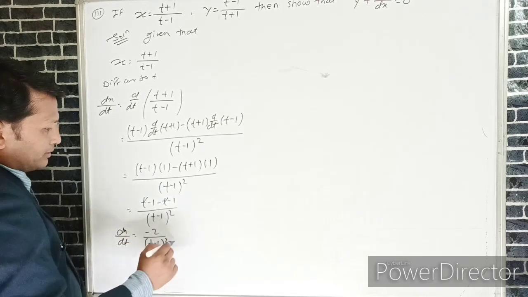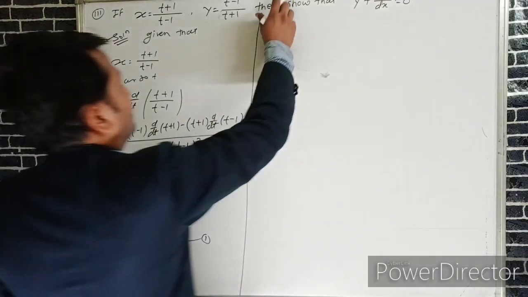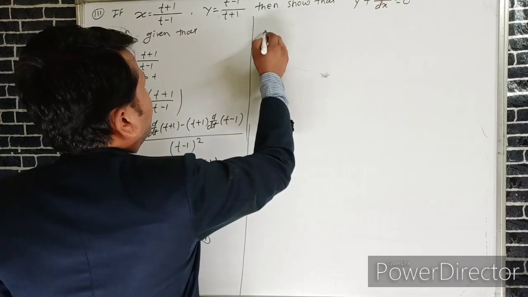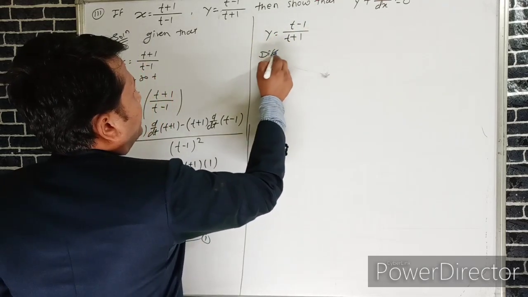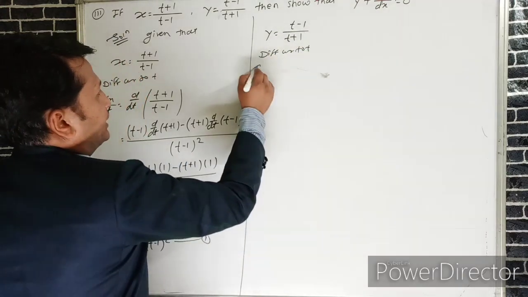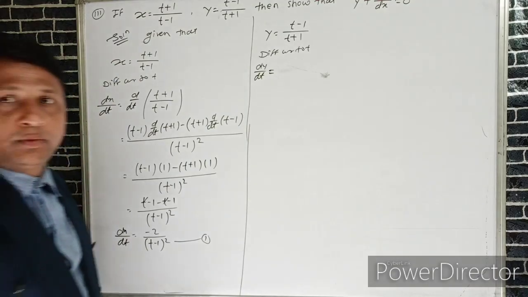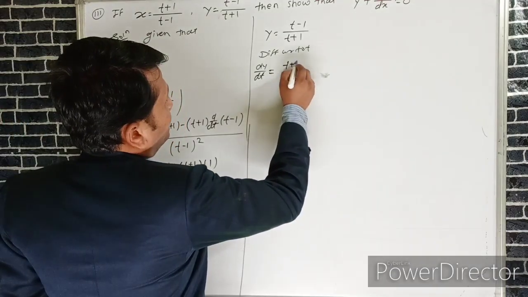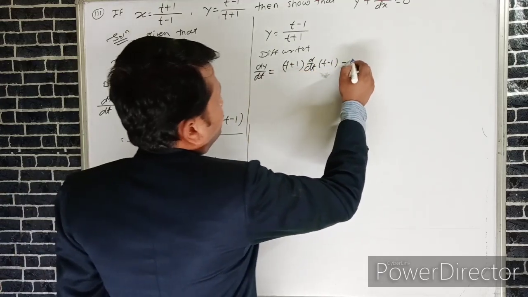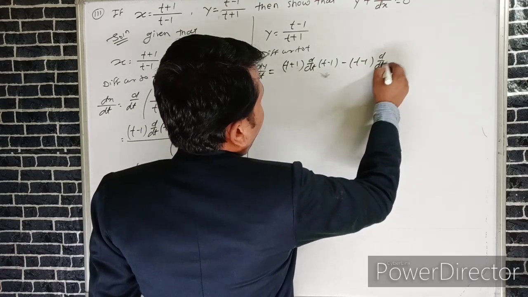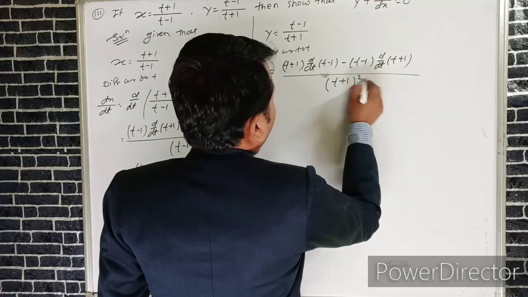which is the value of dx by dt. Number 1. Now if we take the function y, then we can write y is equal to t minus 1 upon t plus 1. If we differentiate with respect to t again, we can write dy upon dt, by using the rule of u upon v, is t plus 1 into derivative of t minus 1 minus t minus 1 into derivative of t plus 1, upon t plus 1 whole bracket square.